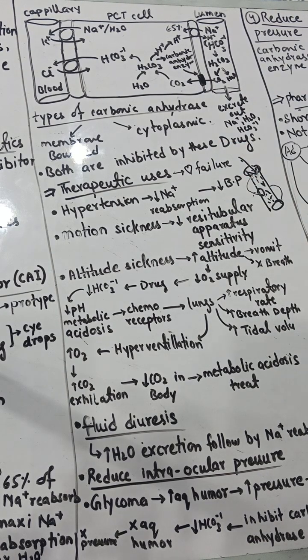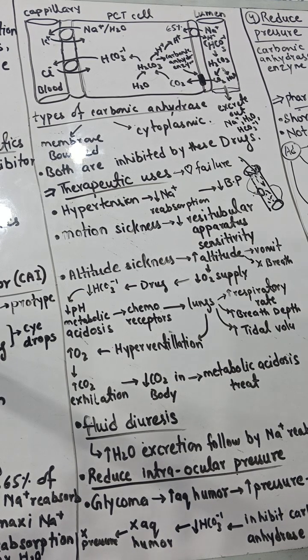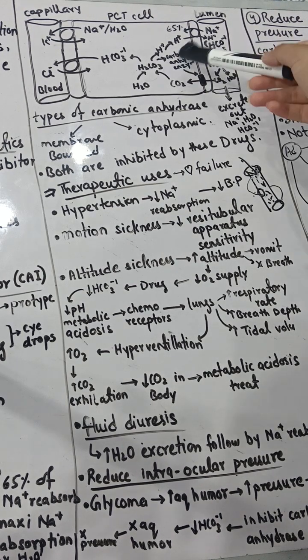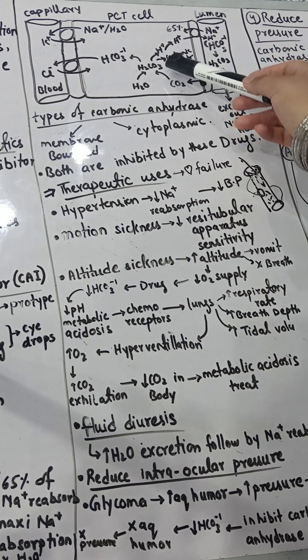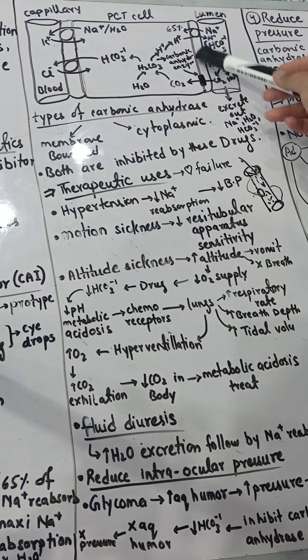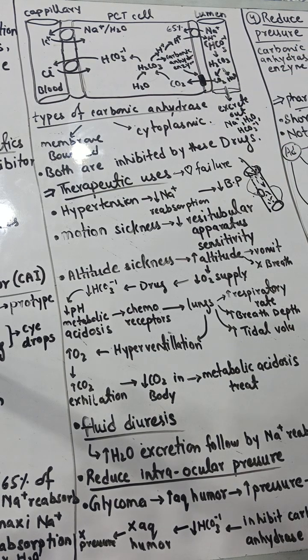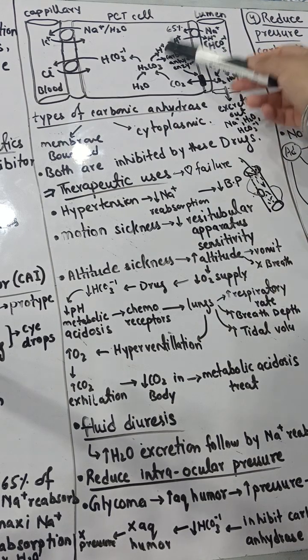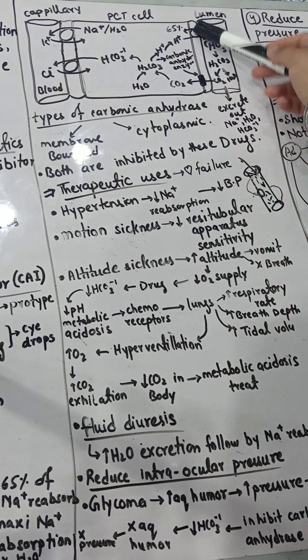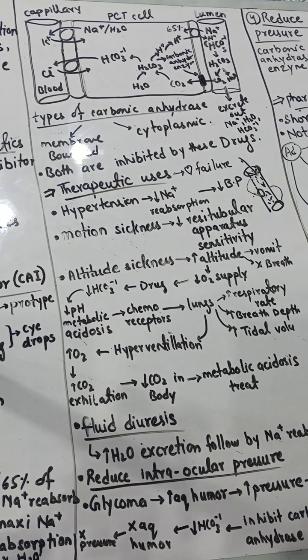Water plus carbon dioxide combine to give carbonic acid again. Now carbonic acid is again dissociated with the help of the enzyme carbonic anhydrase into hydrogen and bicarbonate.